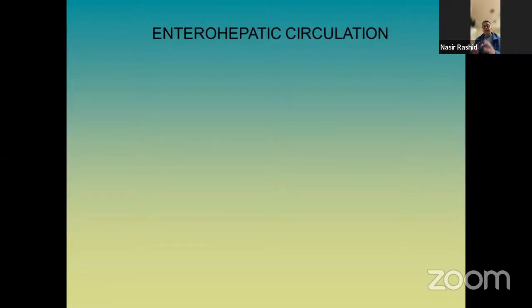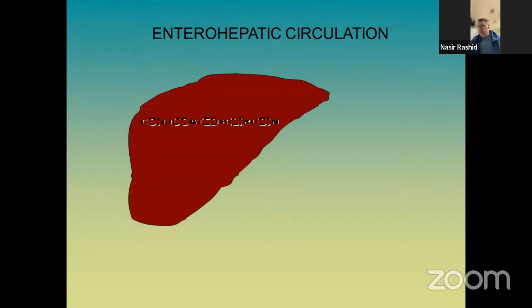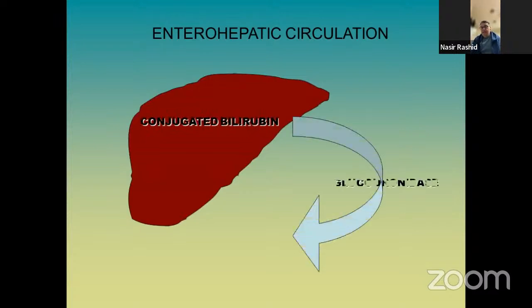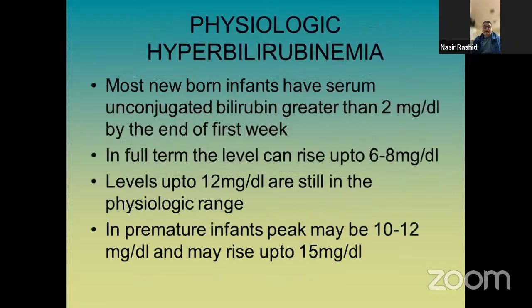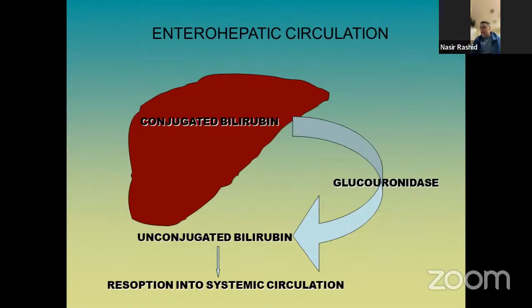Once the bilirubin arrives and undergoes conjugation, the conjugated bilirubin is the one that can be excreted. It is excreted with the bile into the intestines. Once it arrives in the intestine, there's an enzyme called glucuronidase that can convert it back into unconjugated bilirubin, and it can get reabsorbed.